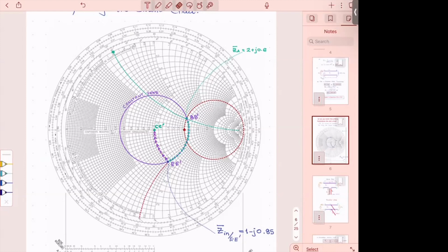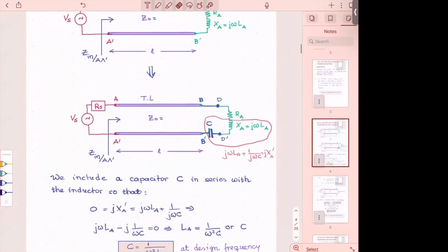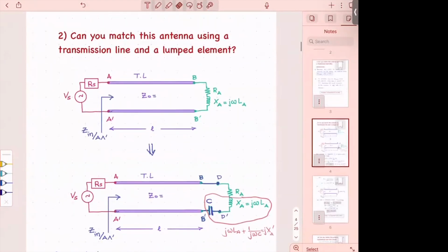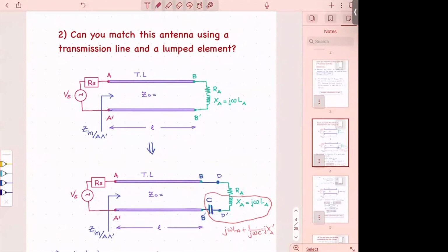Because if at any point on this line you manage to make your input impedance at that point equal to Z0, then practically at that point on the line, you have achieved a perfect match.